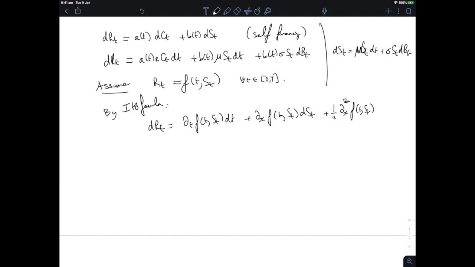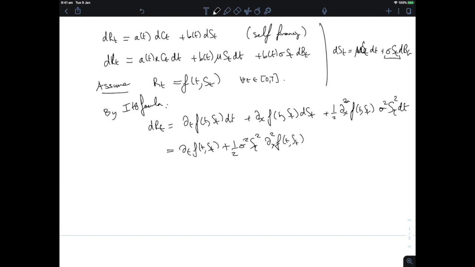So here is the sigma part. So the quadratic variation that I'm picking up is σ² S_t² dt. Okay, now let's make that more explicit in terms of functions of dt and functions of dB_t. We get ∂_t f(t,S_t) plus 1/2 σ² S_t² ∂_x² f(t,S_t).